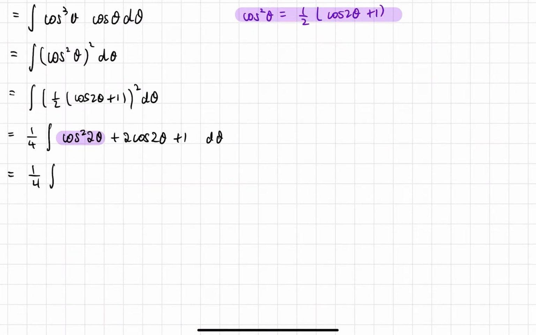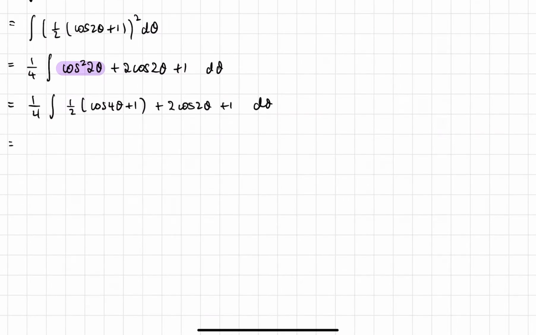But that's for just theta turning into 2 theta. So since we already have a 2 theta, this should turn into cos 4 theta plus 1, right?